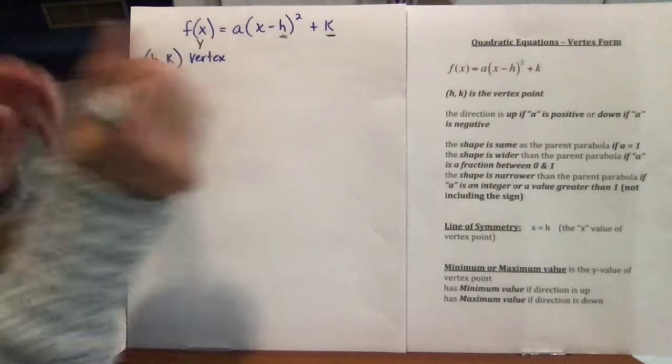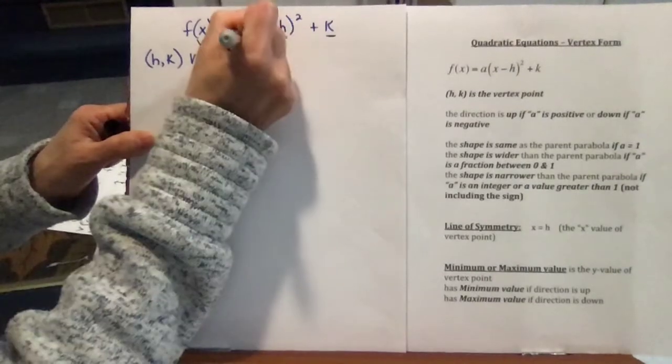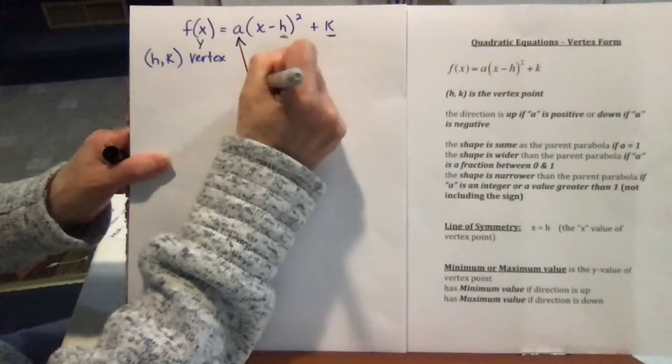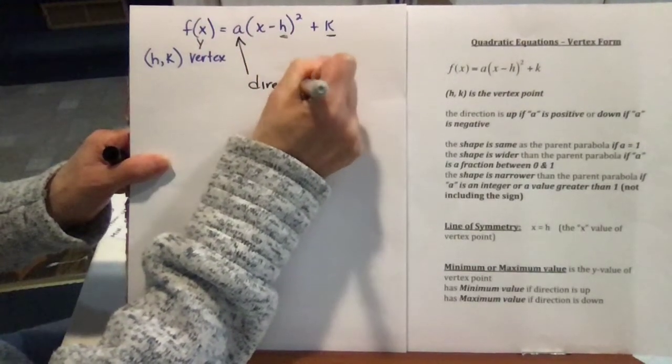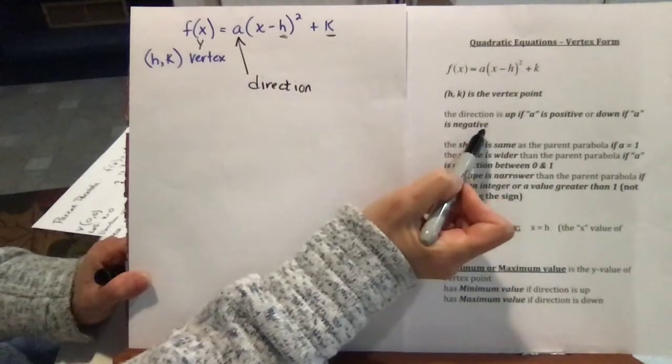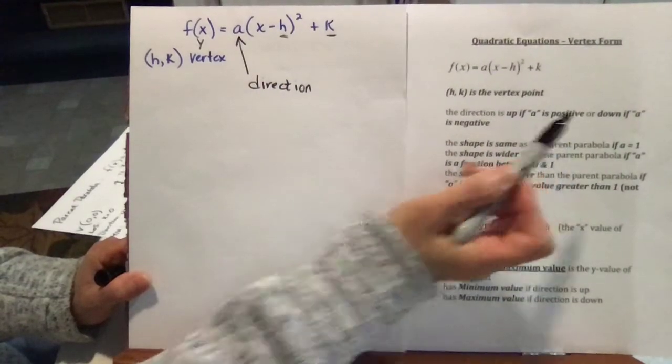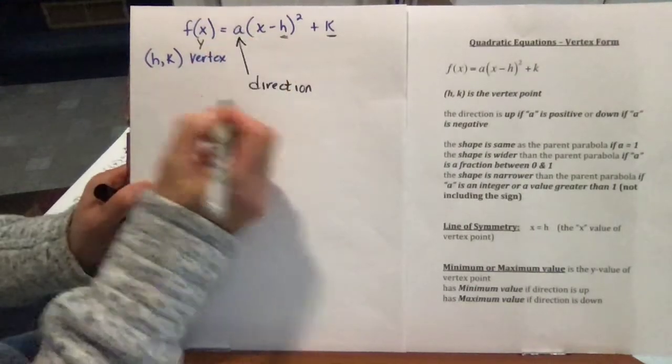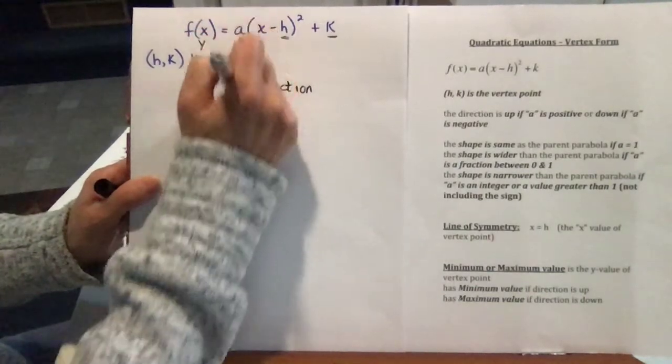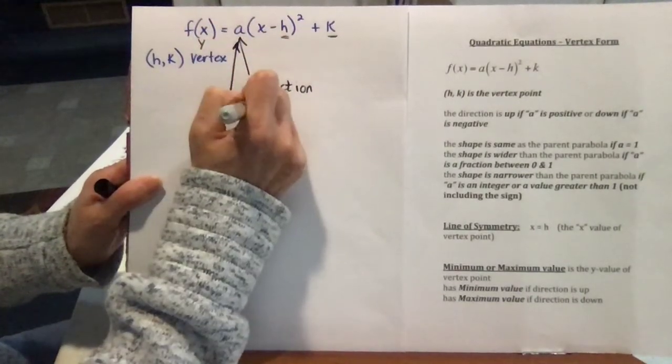Okay. Now our a value, just as always, is still going to give us direction. So if it's negative, then it's going to be down. If it's positive, it's going to be up. The a also gives you the shape. It'll tell us the shape.